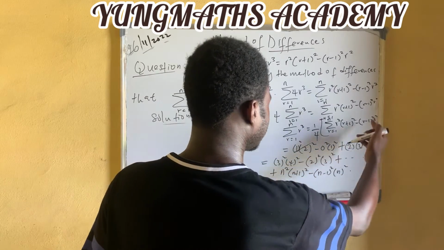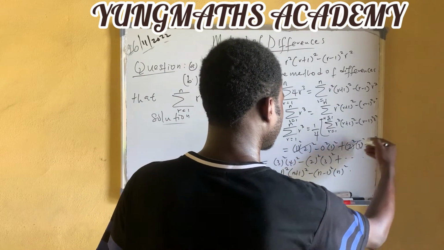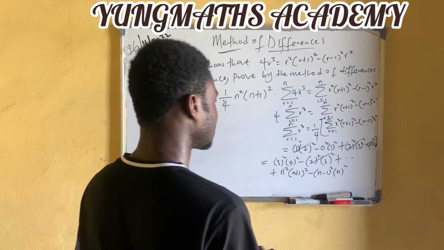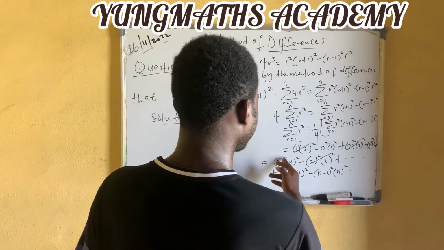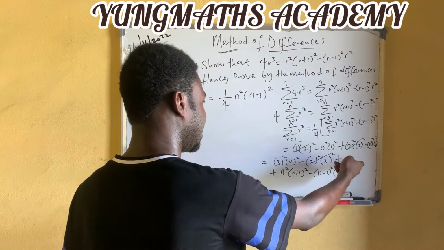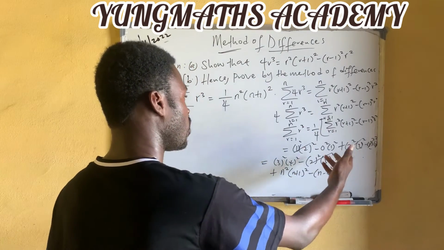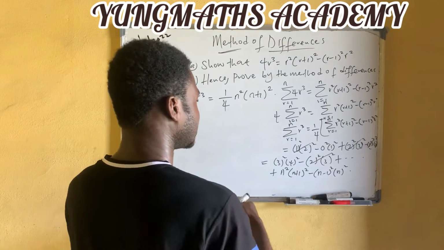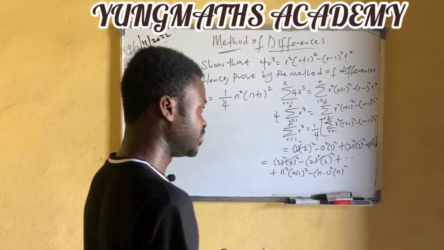We also have 2 squared, 3 squared. You will see that this 2 squared, 3 squared will get rid of this as well. Here I have 3 squared, 4 squared. There will be another term here next when r is 4, whereby I will have 3 squared, 4 squared. Means this will also be eliminated.